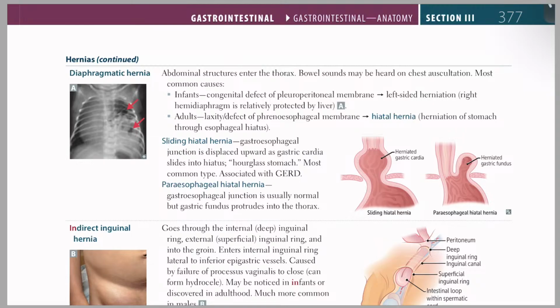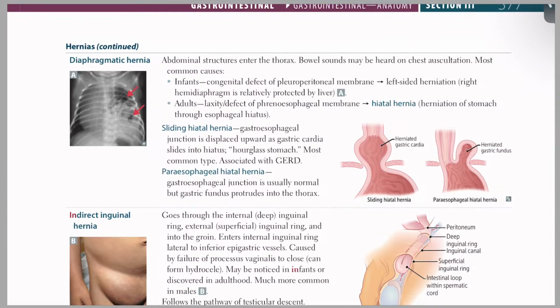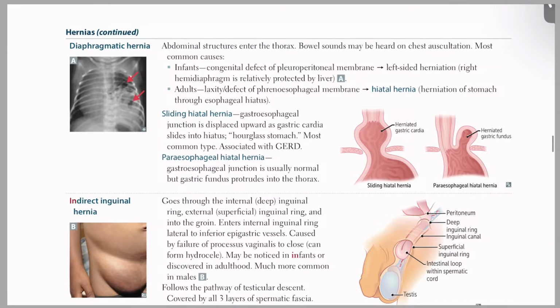In adults, laxity or defect of the phrenoesophageal membrane causes hiatal hernia, herniation of stomach through the esophageal hiatus. Sliding hiatal hernia: the gastroesophageal junction is displaced upward as the gastric cardia slides into the hiatus, hourglass stomach, the most common type, associated with GERD.